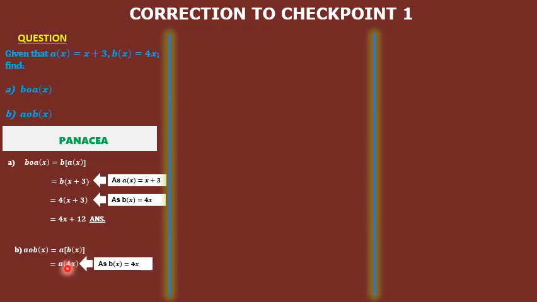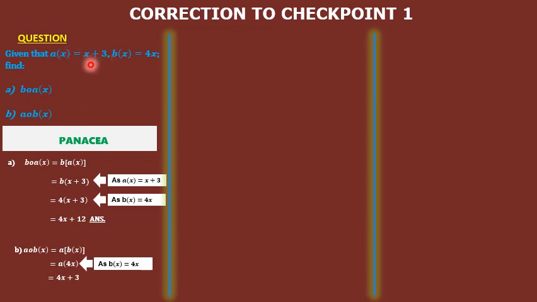So now we try to define this. The value of a of 4x, if a of x is x plus 3, all we need to do is, wherever we see x in this definition, we substitute with 4x. So if you do that, you are going to have 4x plus 3. Why? Because a of x is equal to x plus 3.